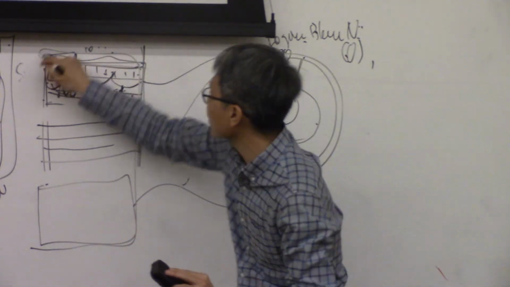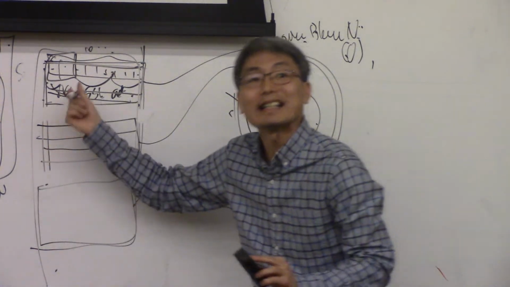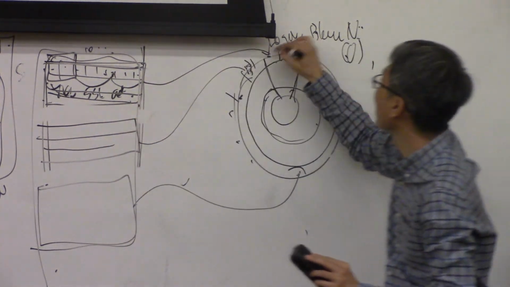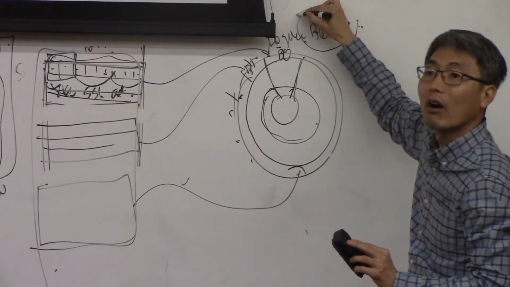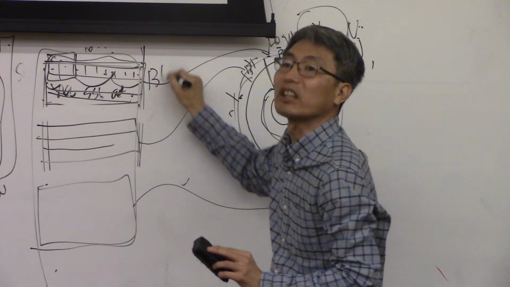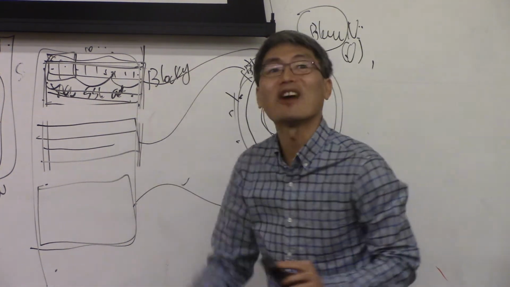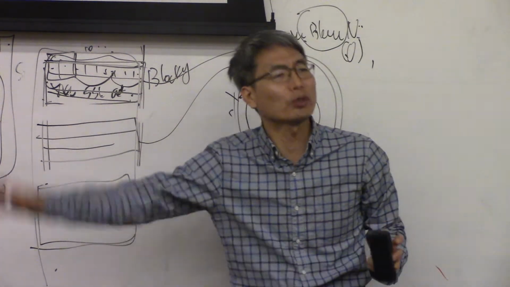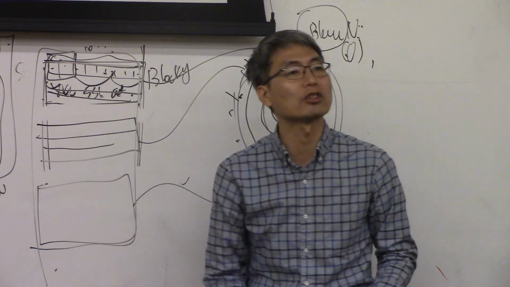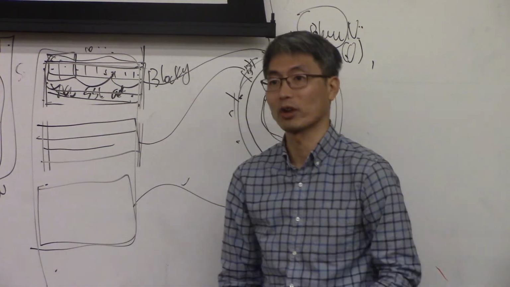Logically, a file is one data structure, but each file consists of a number of blocks. So this is called blocking. Any file actually uses blocking, not only database. Your text file uses blocking. Your Microsoft Word uses blocking.